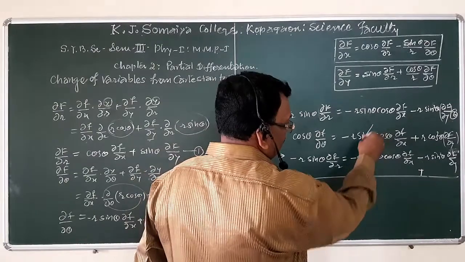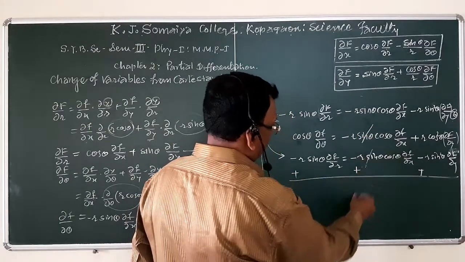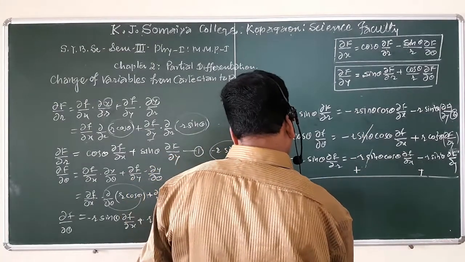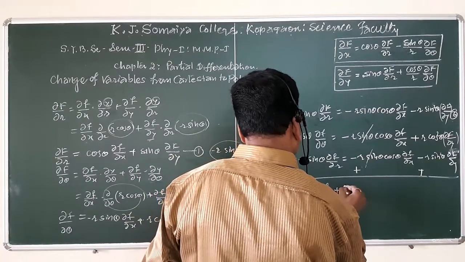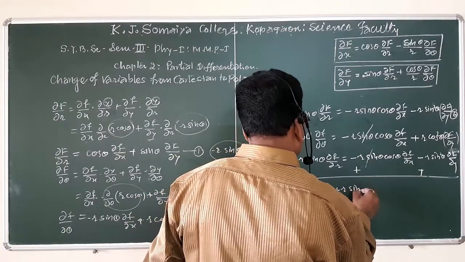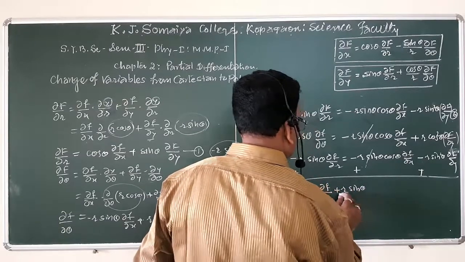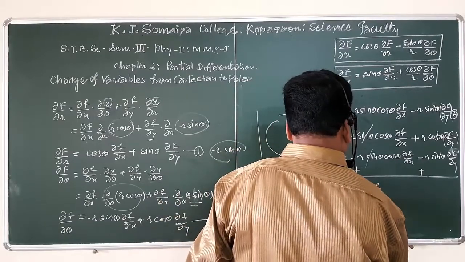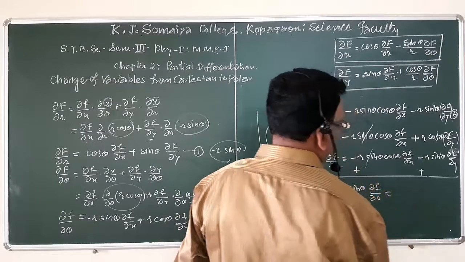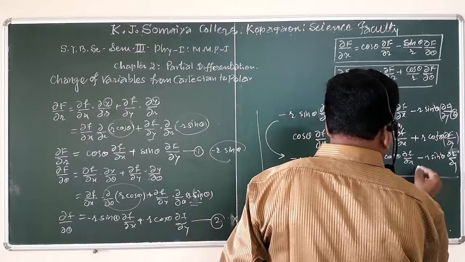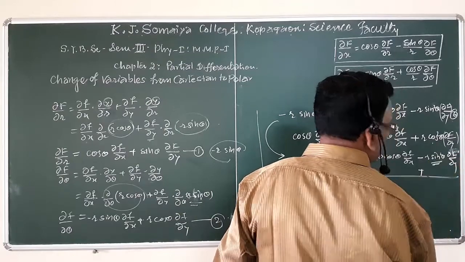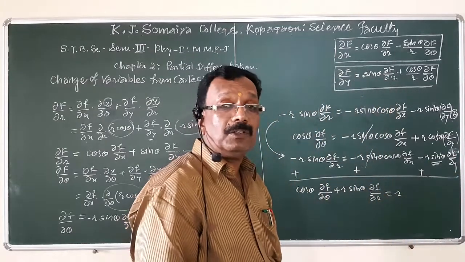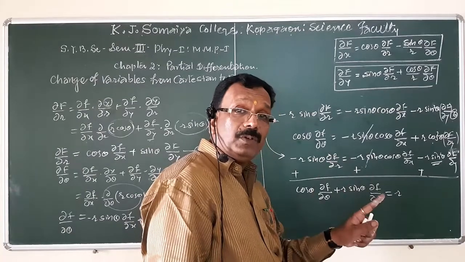Therefore it is found that this minus term is getting cancelled with this plus term, and we have cos θ ∂f/∂θ plus r sin θ into ∂f/∂r is equal to r common, in bracket sin square θ plus cos square θ, and sin square θ plus cos square θ according to trigonometric relation is equal to 1.